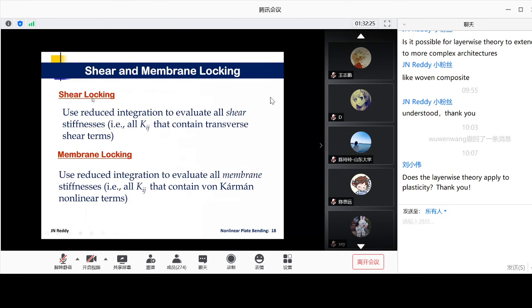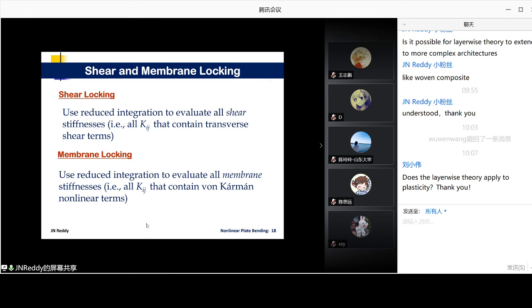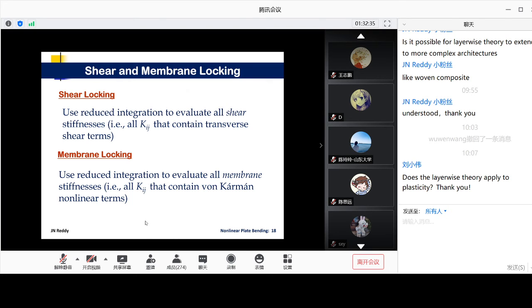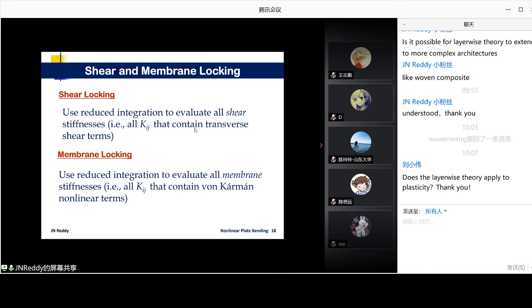Okay, so I just mentioned shear locking, and there is a membrane locking that comes because of nonlinearity. So both of them are eliminated through reduced integration. So all the terms that contain shear coefficients will be under-integrated, and all the terms that contain the von Karman nonlinear terms will be under-integrated.